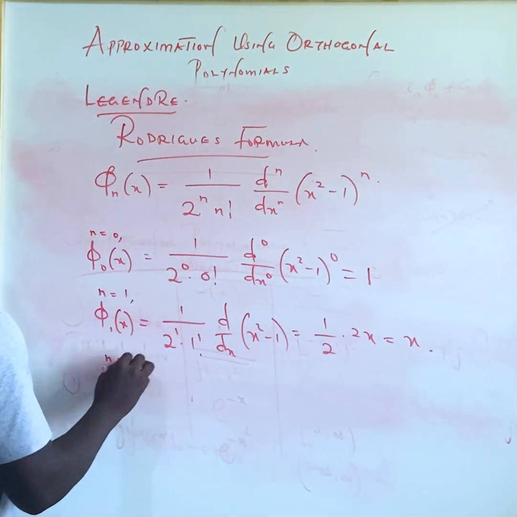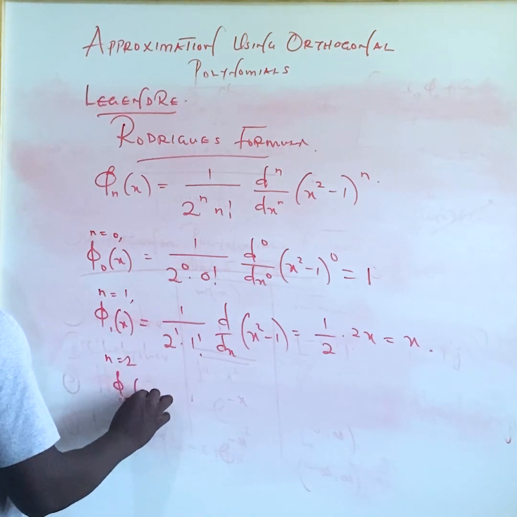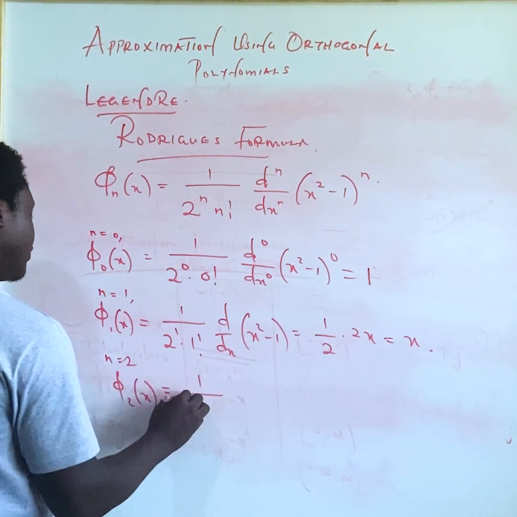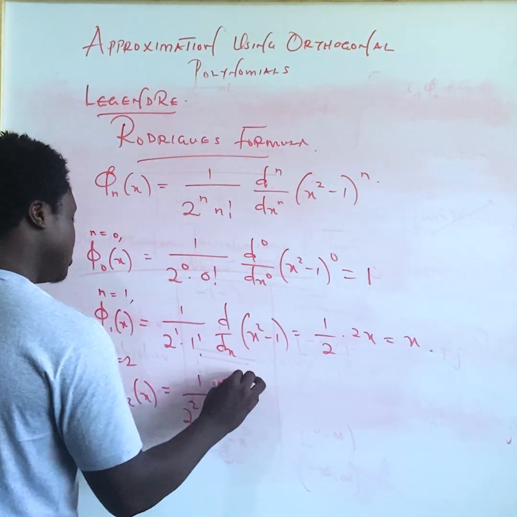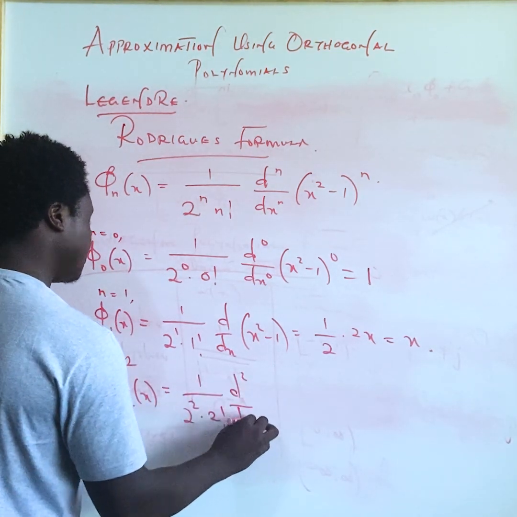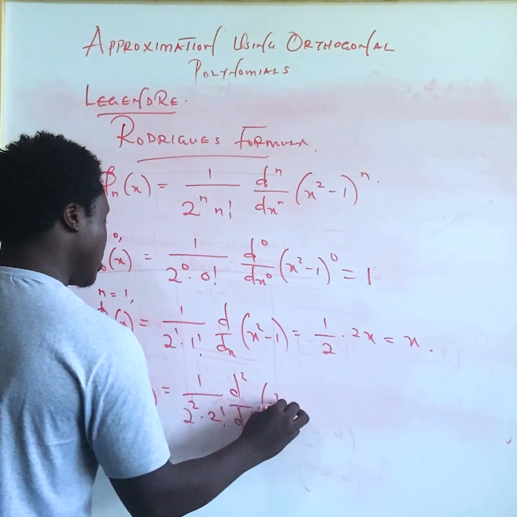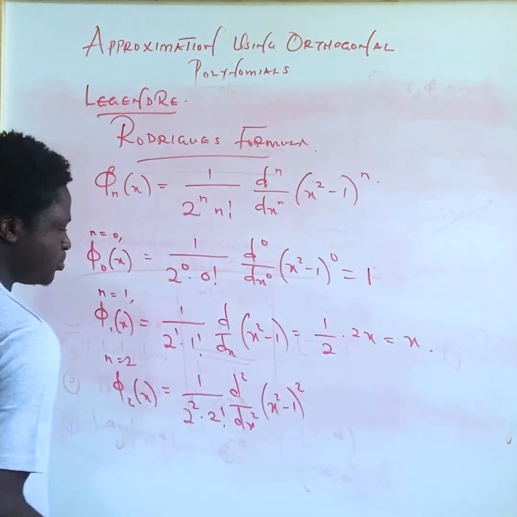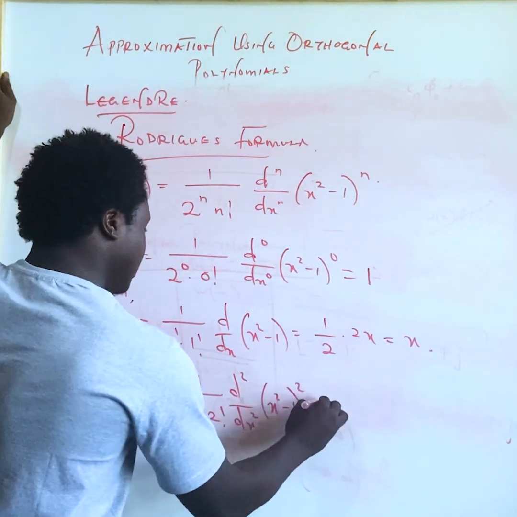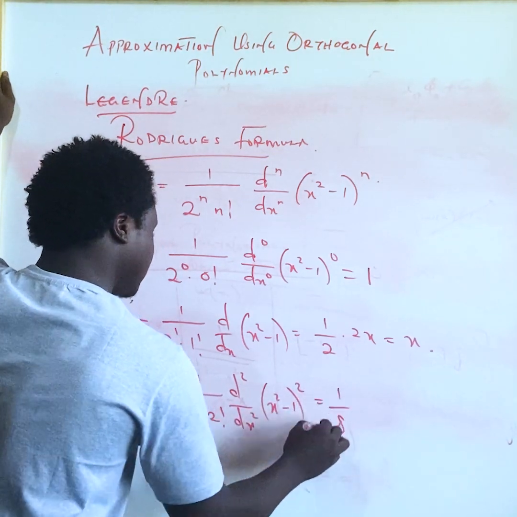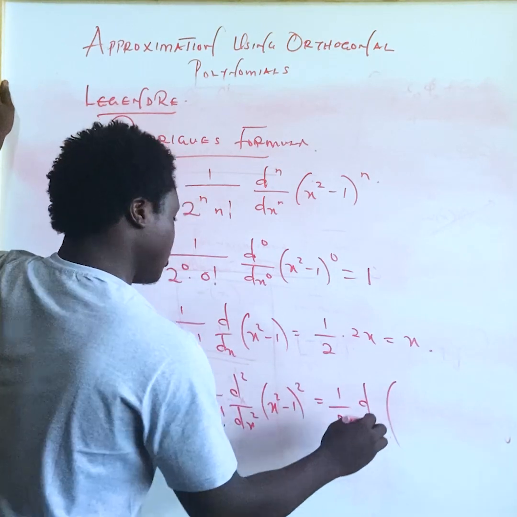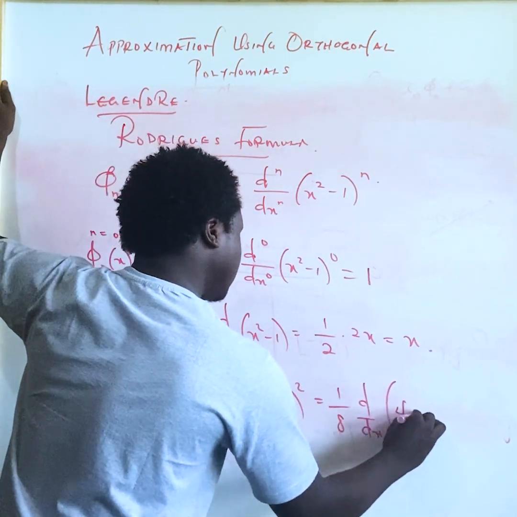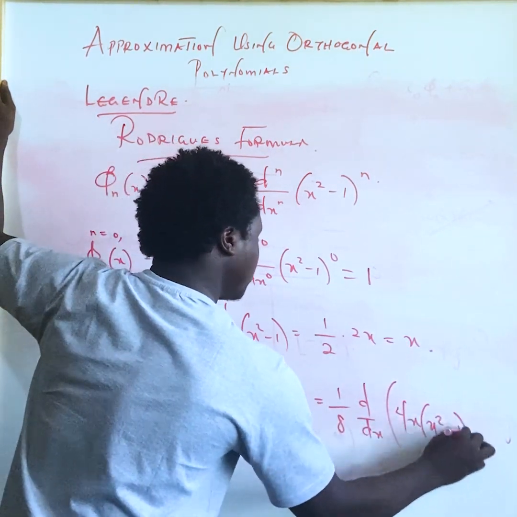When n is 2, phi 2 of x will be equal to 1 over 2 squared times 2 factorial, the second derivative of x squared minus 1 to the power 2, which is the same thing as 1 over 8, the first derivative of 4x times x squared minus 1.